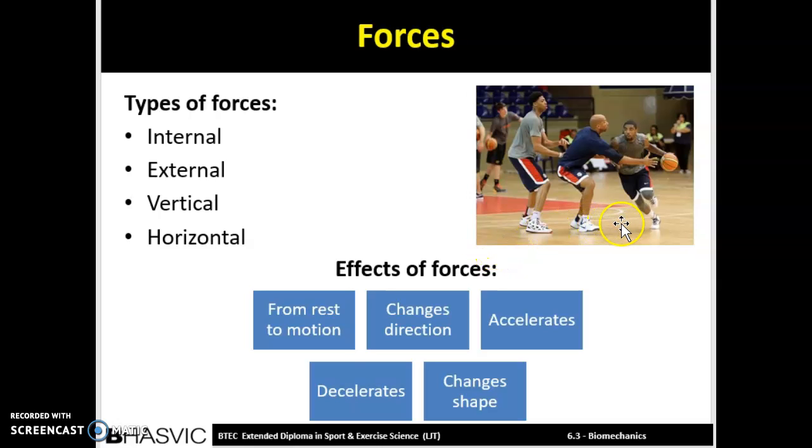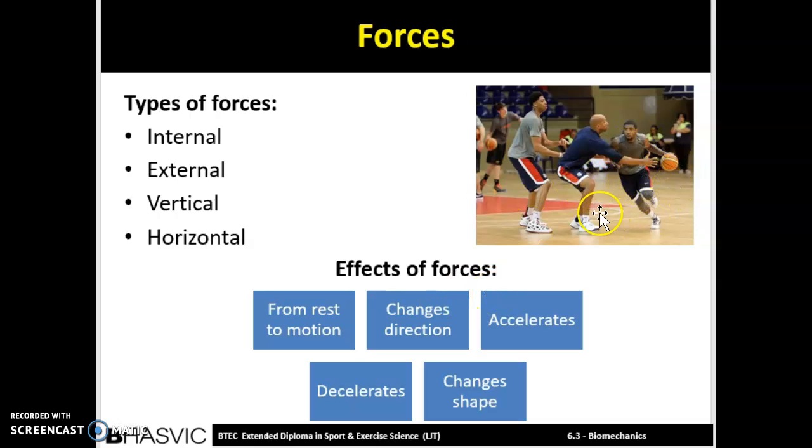Obviously their external forces could be something to do with the performer, but it could also be a constant such as air resistance or gravity, which will always be working on them in some aspect or another. But air resistance and gravity are variable depending on different factors.